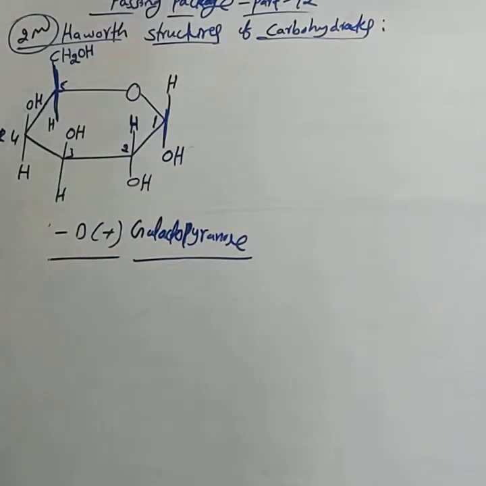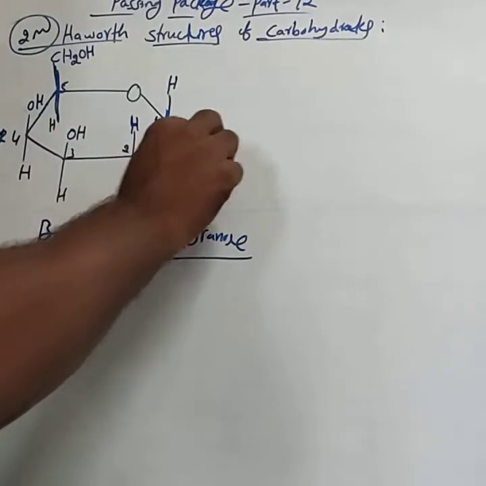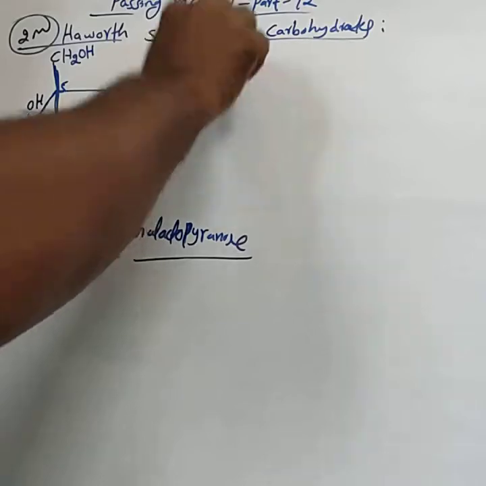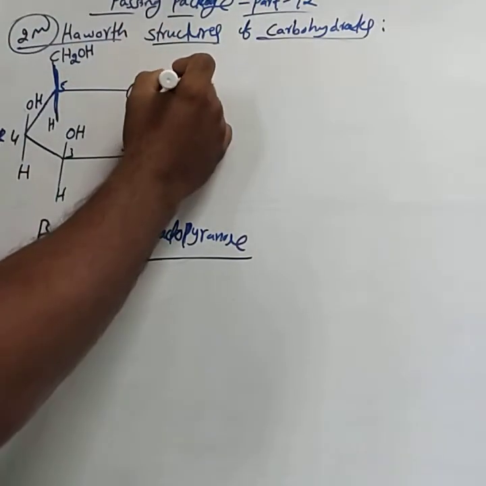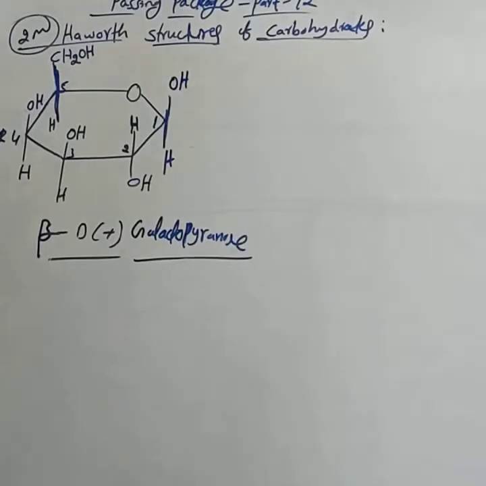To write beta, you interchange the OH on the first corner only. On the first corner, OH above, H below. This is the beta D plus galactopyranose. You practice this structure, you get 2 marks.